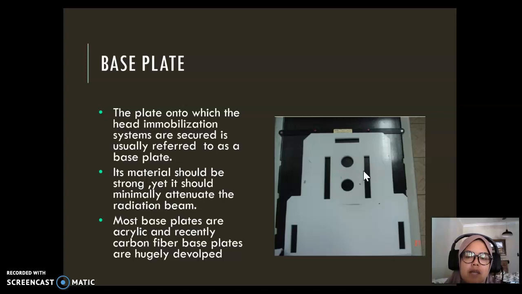The base plate is usually very strong but has very minimal attenuation, so it will not obscure the radiation pathway. Most of it is made from acrylic, and nowadays we are using more that is made from carbon fiber, because it's much lighter and easier to be mobilized.